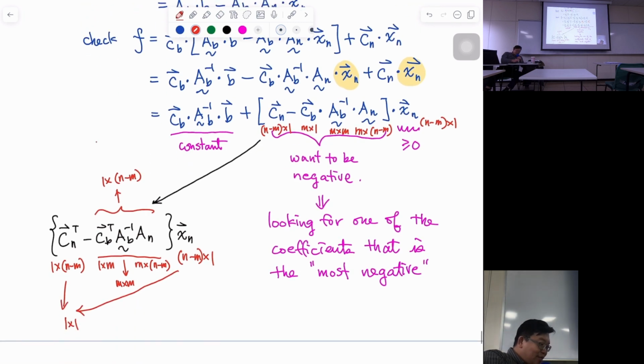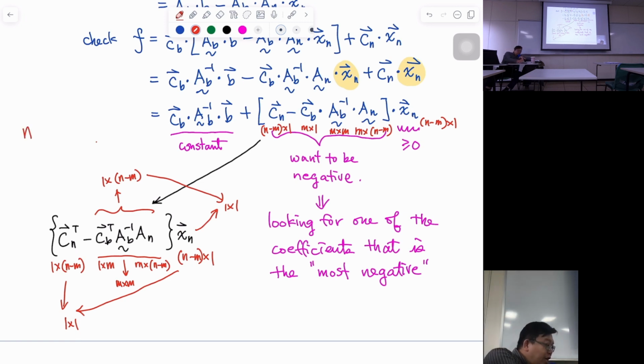So at the end, these two multiplying each other is 1 by 1. So what's inside the bracket? It's 1 by n minus m. It's like a horizontal vector, okay? And there are multiple components inside.